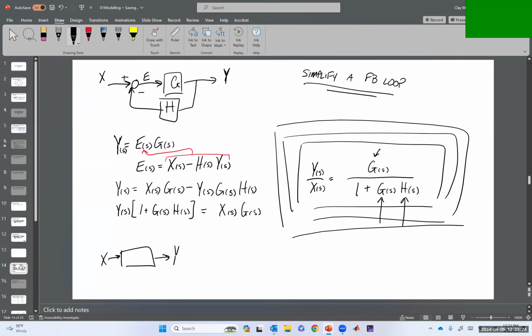Okay. A couple of things to note is that this minus sign turns into a plus sign here. So what we derived was for negative feedback, which is 99% of all feedback cases. But it's kind of handy to know that if this were positive feedback, the denominator sign would flip.